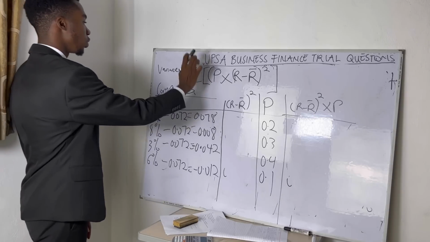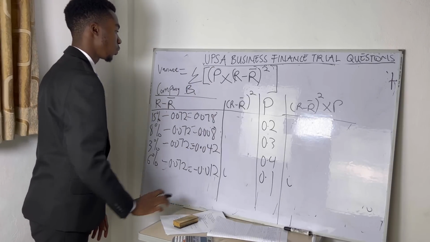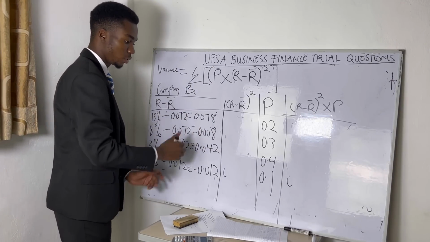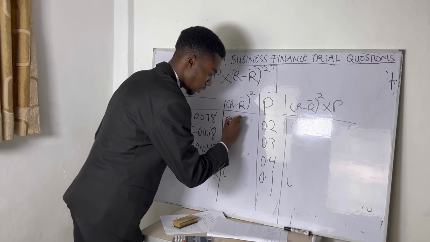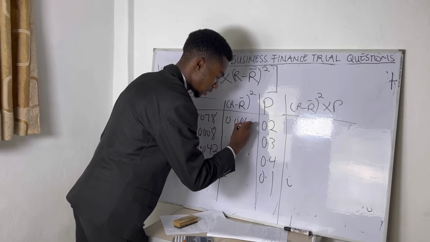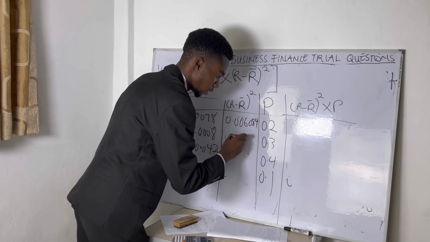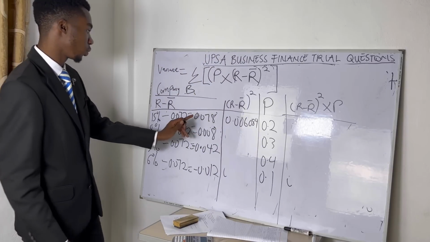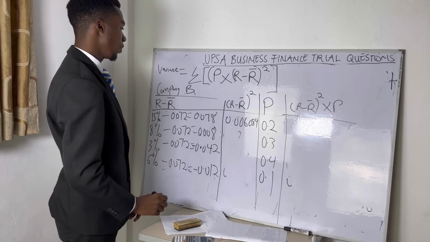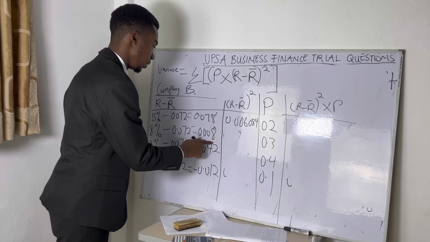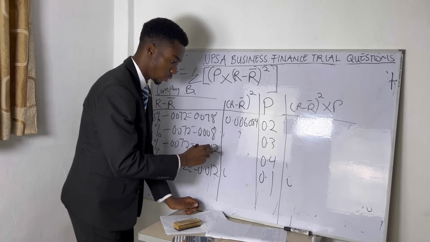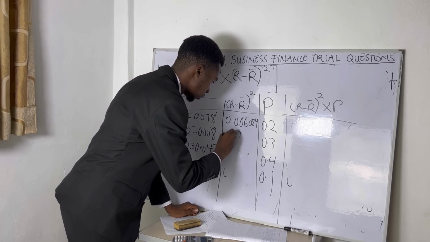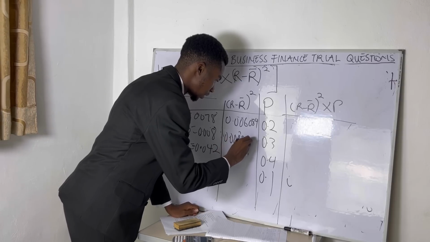Now I'm going to square all these values. When we square 0.078, we should be getting 0.006084. When we square 0.008, we should be getting 0.000064.